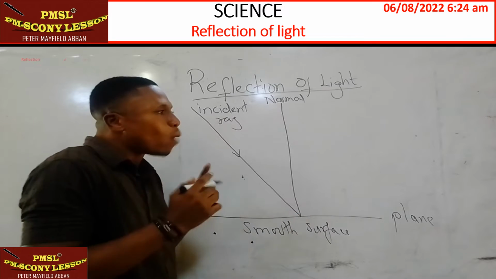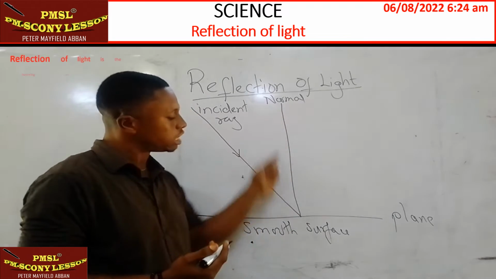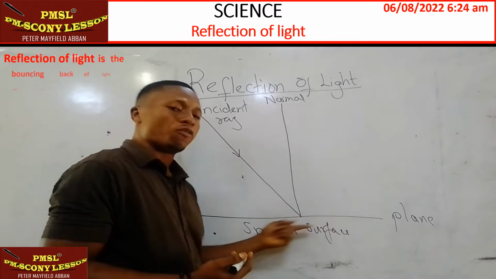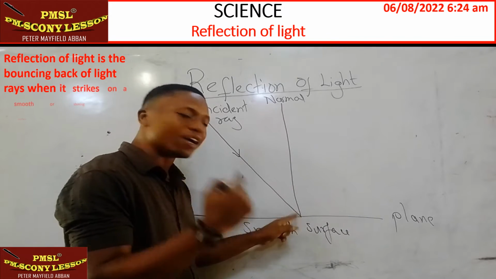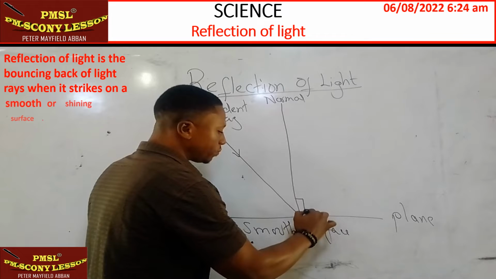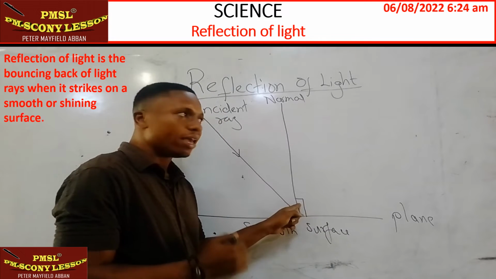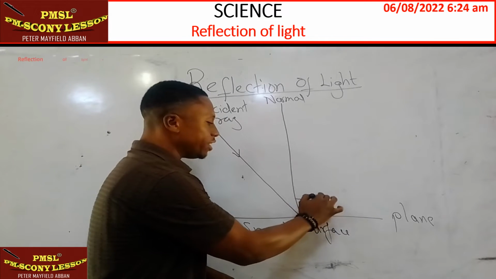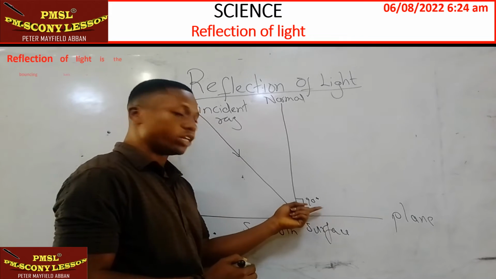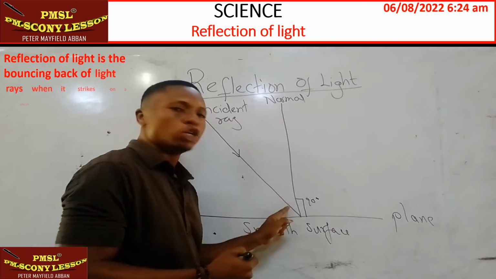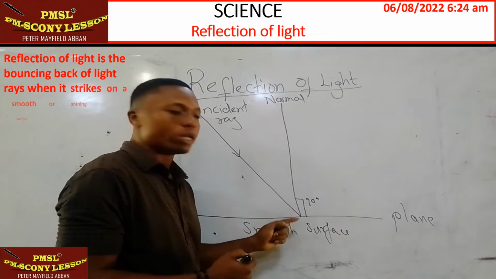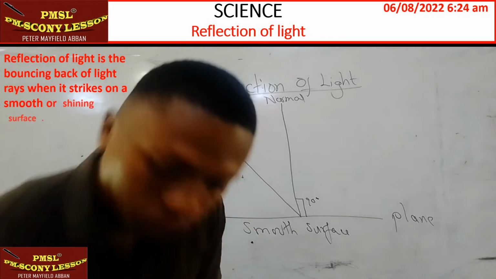Why do we say that the normal is perpendicular to the reflecting surface? Because the normal makes an angle of 90 degrees. That is the reason why we consider this line to be perpendicular to the reflecting surface.